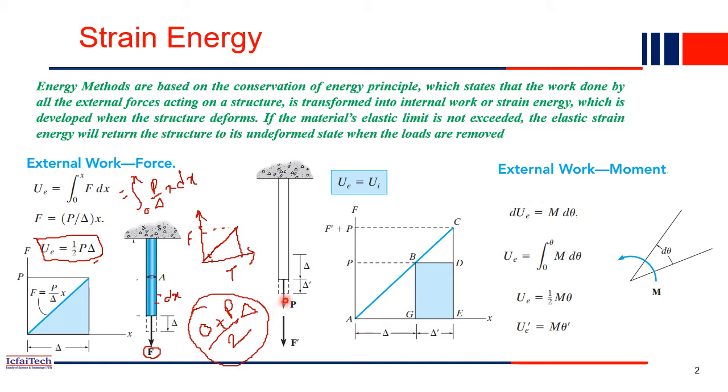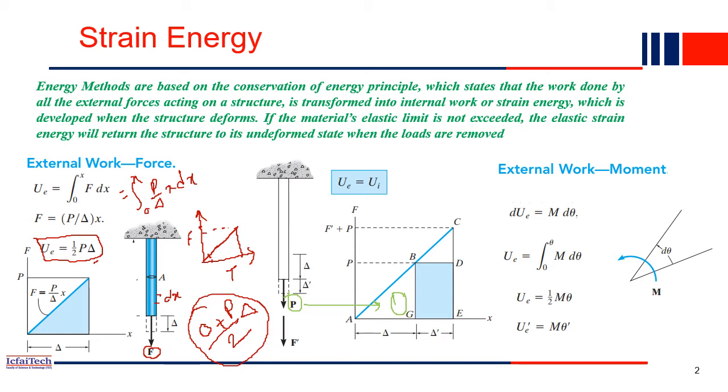So this is the total deflection. Now how much happened? Delta plus delta dash is the total deflection. So delta plus delta dash, and the force is the earlier P we applied, and now additional F dash also we applied. So this is our final force. Now the area under this entire triangle will be the external work done. The area of only this portion is responsible for P, the earlier one we saw. So I'll write area 1 is because of load P, the original one, right? This P is responsible for this one.